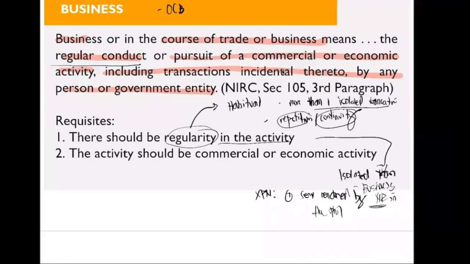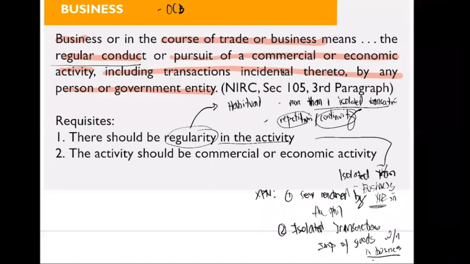Another exception to the rule are isolated transactions that can be subject to VAT. So what are these isolated transactions that can be subject to VAT? An example is the importation of goods or services, whether or not engaged in business.